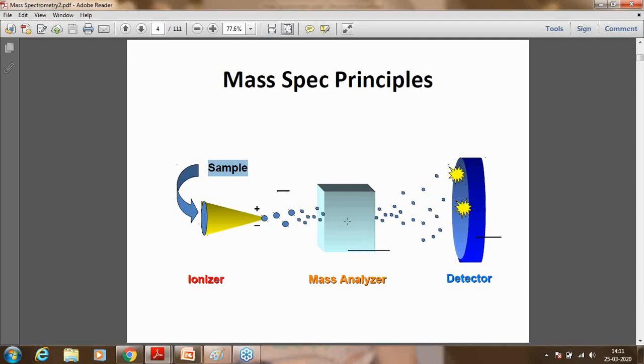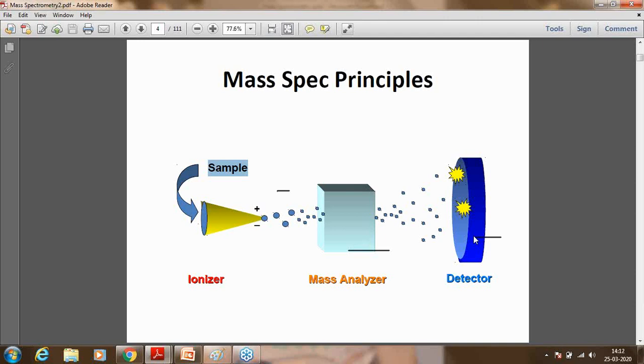This mass analyzer, according to the mass upon charge of the ionizing species, will separate the different fragments with the help of the magnetic or the electric field. Whatever separation is done in the mass analyzer, the signal will go to the detector, and the detector will plot a spectrum between m/z, the mass upon charge, and the relative abundance.